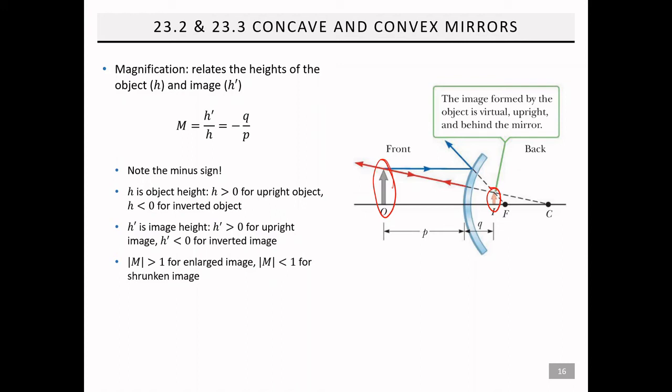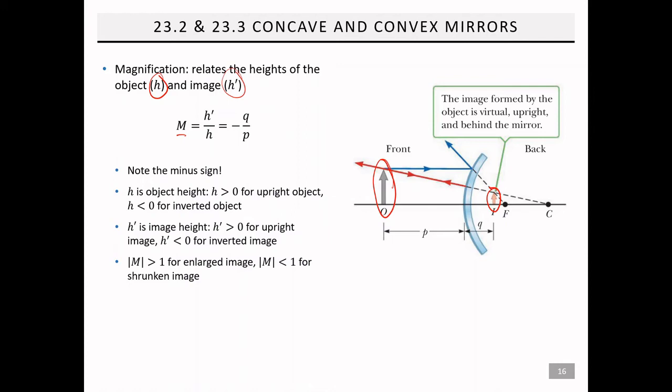The height of the object, we just use the symbol H for. For the image height, we use H prime. Then the amount that a mirror magnifies an object, M, is given by H prime divided by H. So the image height divided by the object height.